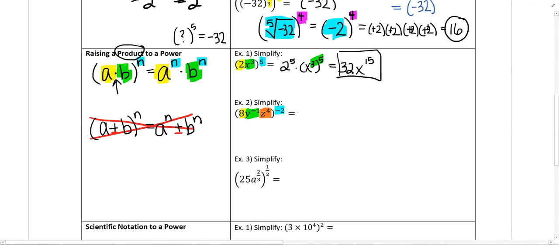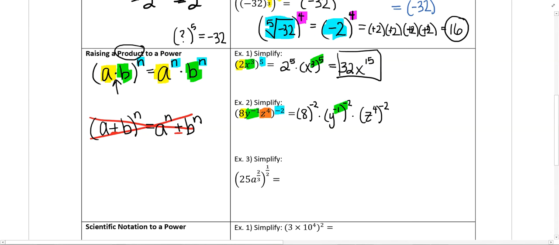So we're going to start by writing out 8 to the -2 power times y to the -1st to the -2 power times z to the 4th to the -2 power. And then let's go ahead and figure out what all these things are. Let's start with the y and the z, because those are actually a little easier.